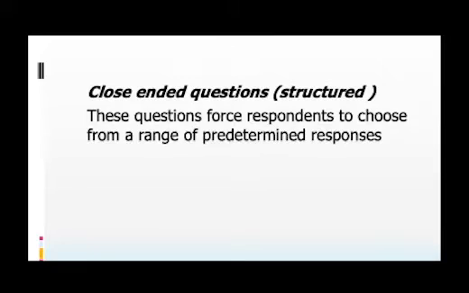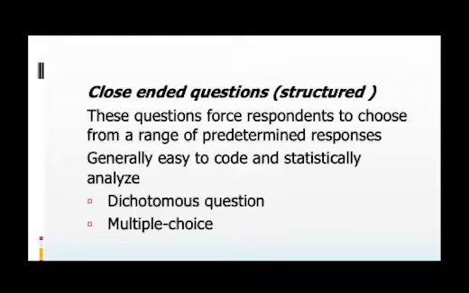Close-ended questions are structured questions, and these questions force respondents to choose from a range of predetermined responses. Generally, it's easy to code and to analyze statistically. Questions can be dichotomous, so there are two choices, or they can be multiple choice.